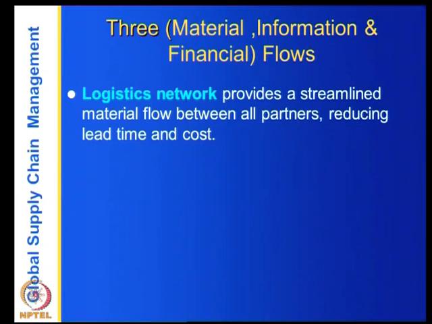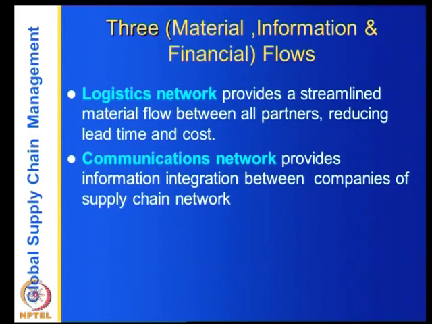It's very important that the time taken to supply this is low and also the cost, because if the time is high, then the manufacturer has to keep what is called safety inventory. So what you need to do is your logistics network has to be streamlined and the lead times have to be reduced. And if the lead time is reduced, that means the quality is high as well as the cost is low.